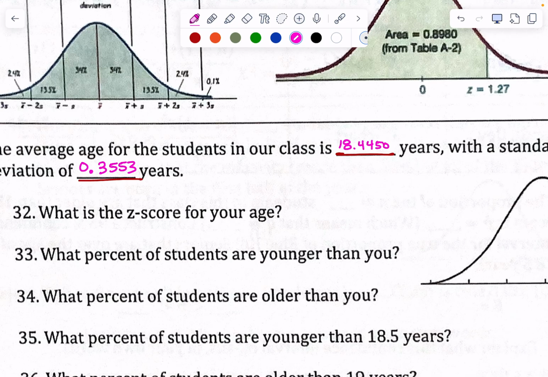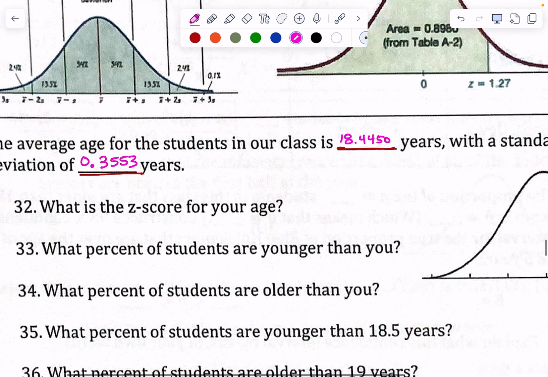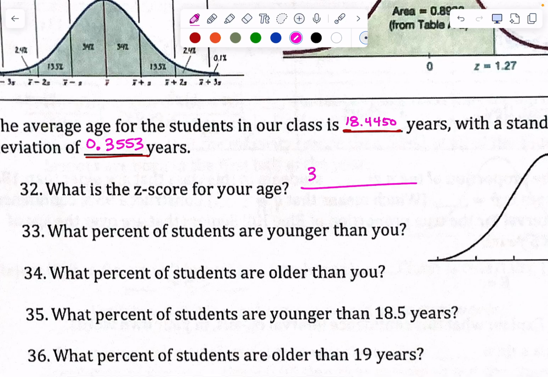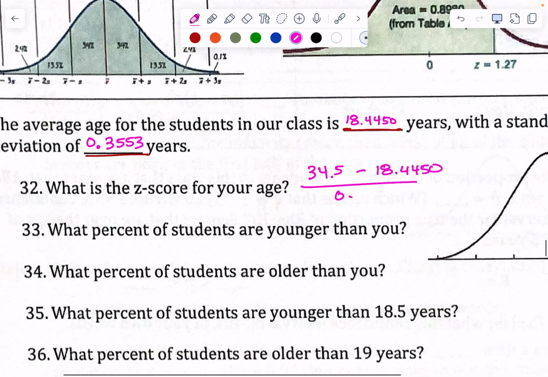How many decimal places? 2 decimal places, that's it, on a z-score, because the chart that you look it up on only allows for 2 decimal places.